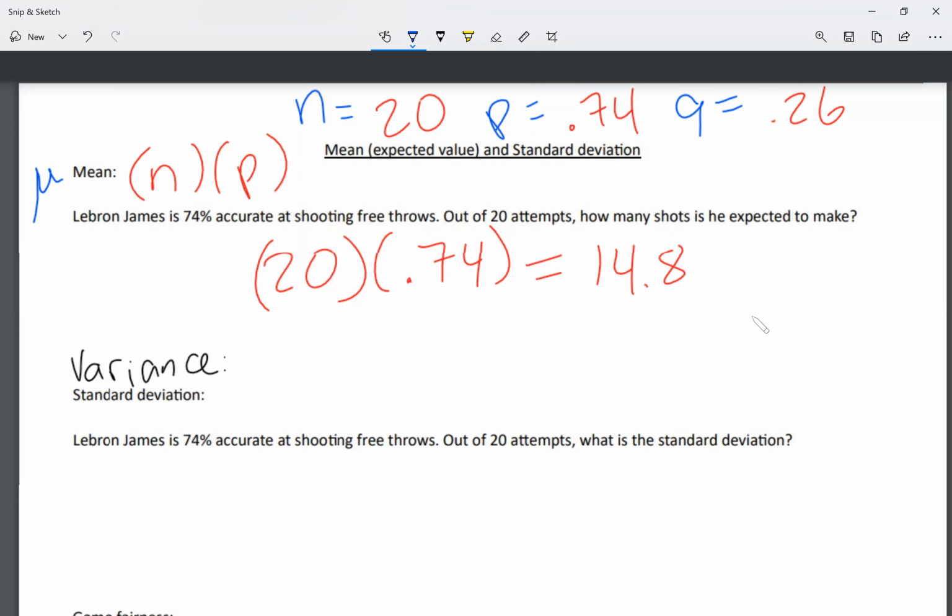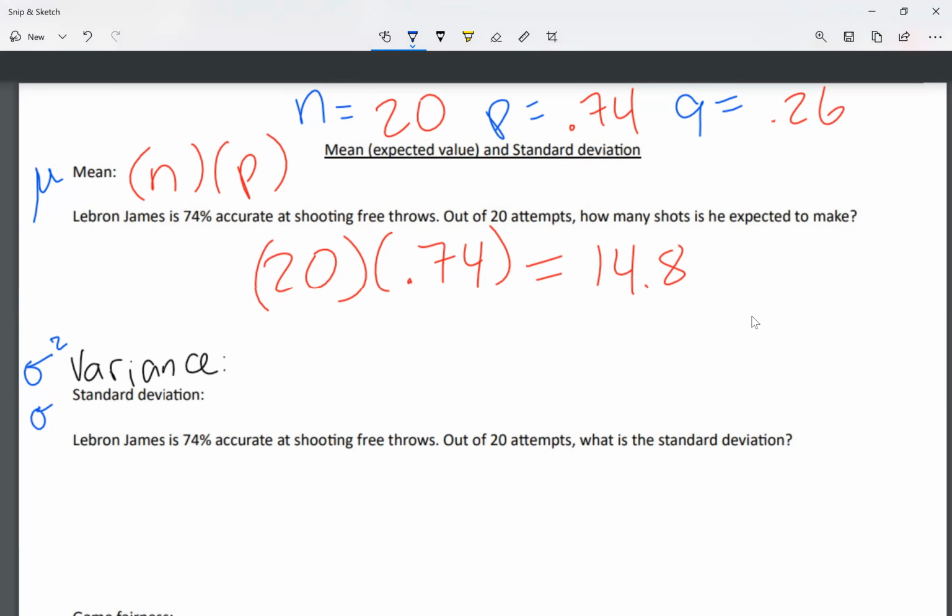Variance looks like this, to the second power: sigma squared. Standard deviation is just sigma. So notice how variance is sigma squared, but standard deviation is just sigma. When we get the variance, just get the square root of that.